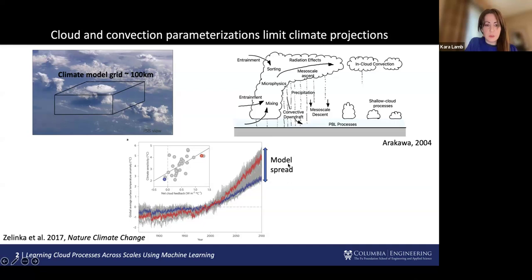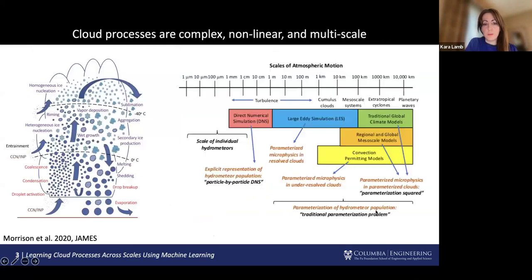And this model spread is very strongly linked to the net cloud feedback in the models, so basically the response of the clouds to warming. So we think if we're able to improve our ability to represent these subgrid scale processes, then we'll be able to reduce this amount of spread and improve our ability to project future climate. So that's really the big picture motivation for this work.